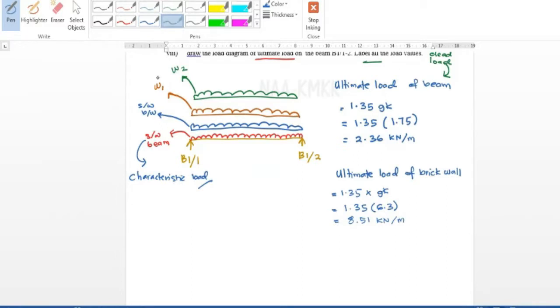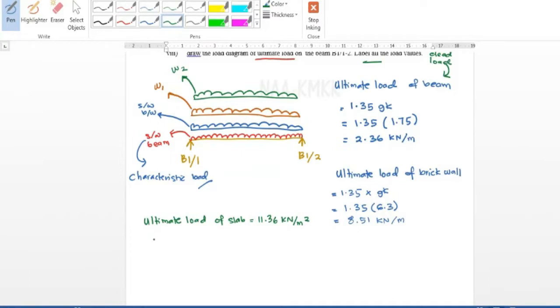Next, W1 and W2. Specially for slab, we already calculated the ultimate load of slab just now, right? The ultimate load of slab is equal to 11.36 kN/m².